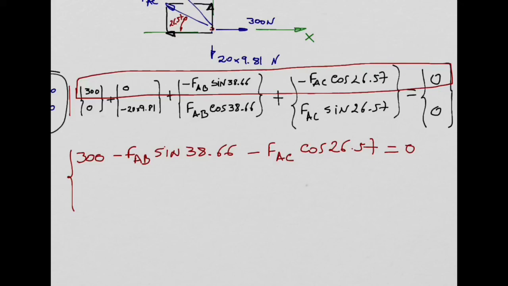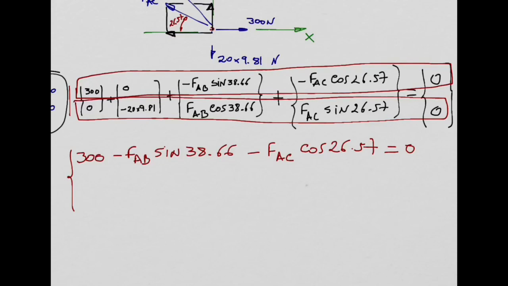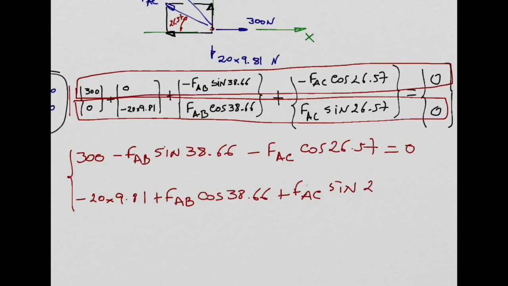For my second equilibrium equation, I need to look now at the vertical components of this resultant force, and then I can say it is equal to minus 20 times 9.81 plus FAB cosine 38.66 plus FAC sine 26.57 equal to 0.